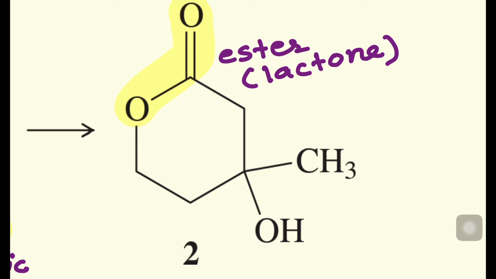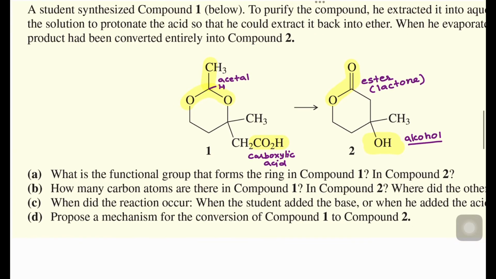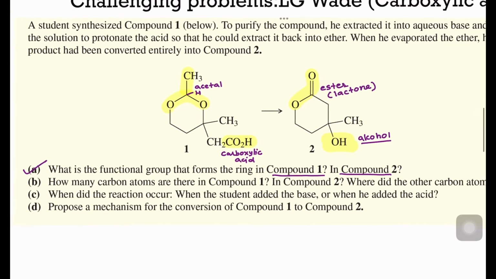Another functional group that we have, here it is. This is alcohol. So the first one was very simple. They just asked you to find the functional groups present in compounds 1 and 2. Let's see the next one.